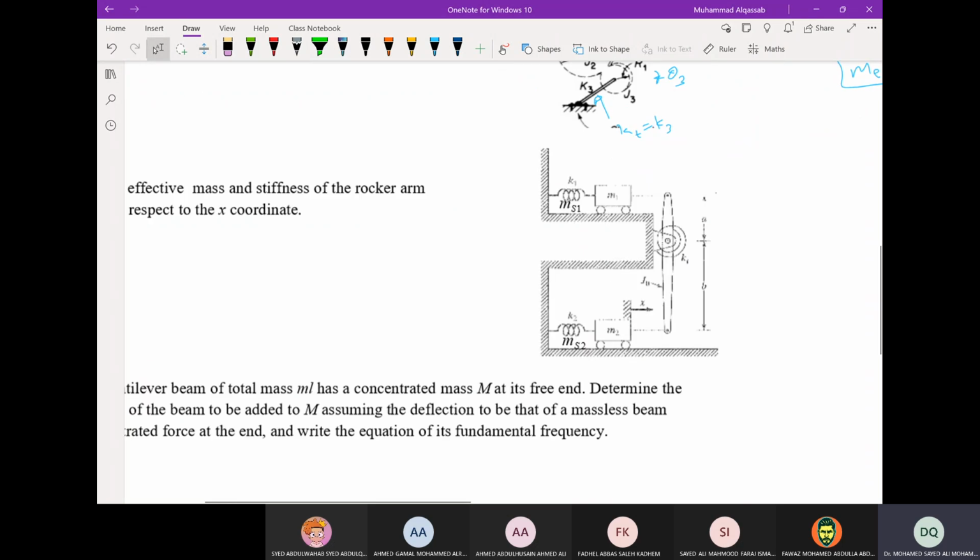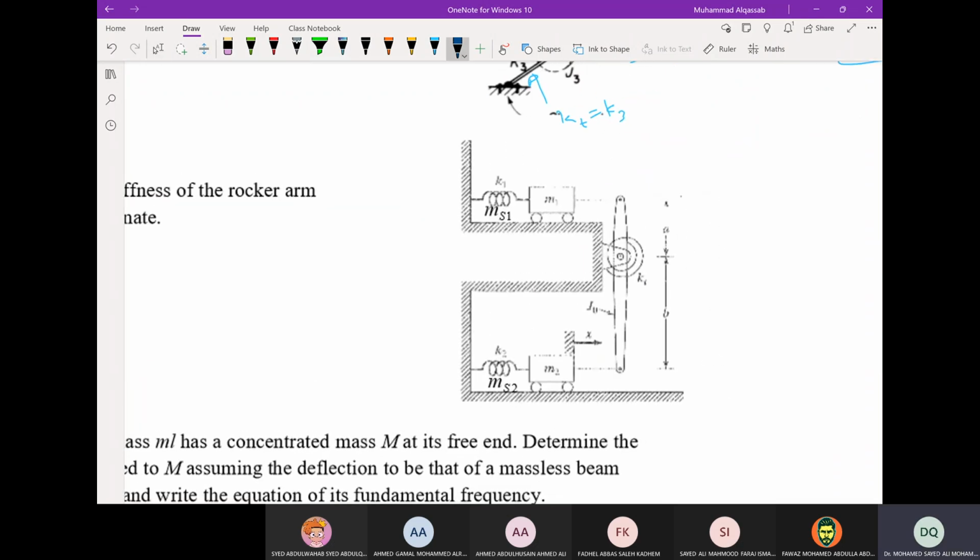The same thing here. We have a rigid link, and this is an arm, rigid arm. And the question is to find the equivalent system in terms of X. The springs, here I add a mass for the spring, ms1, and here also has a mass ms2. And this JO, this is point O, is given.